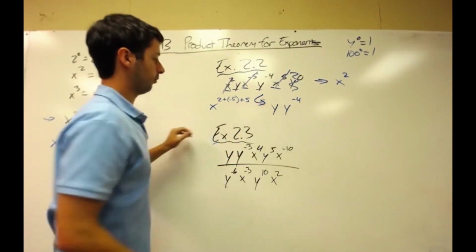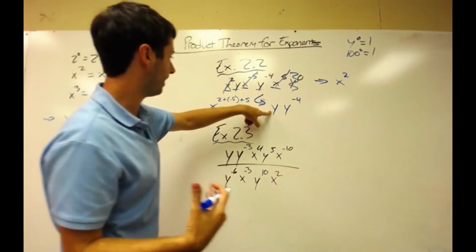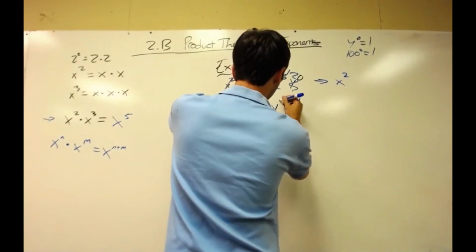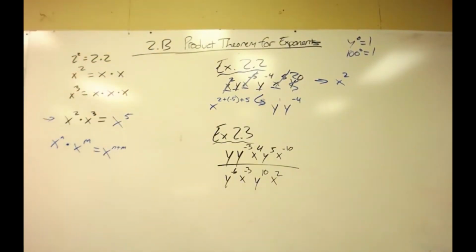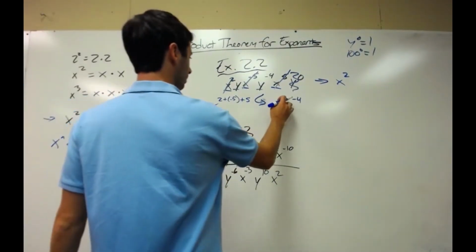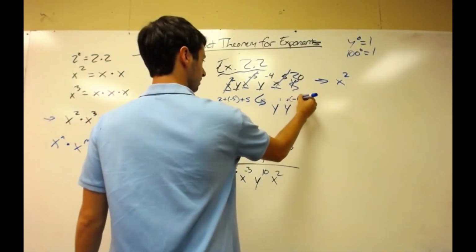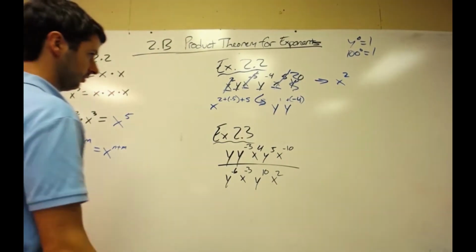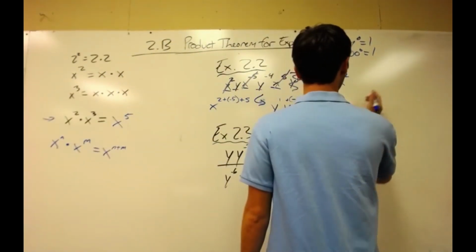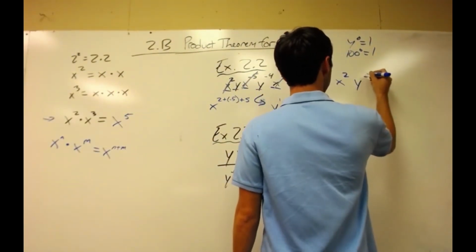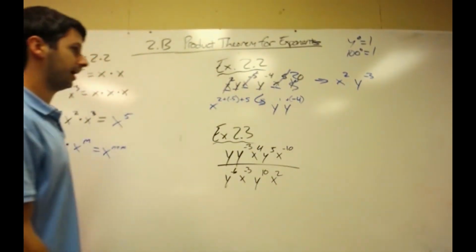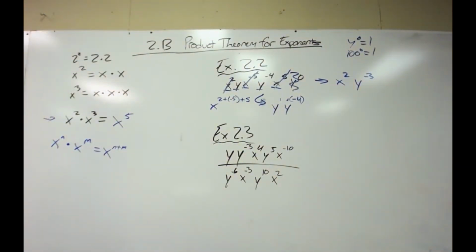If y is on its own, you can imagine saying that it has a power of 1. It's itself. So when you add them together, it'd be 1 plus negative 4 equaling negative 3. So you have x squared y negative cubed as how it is simplified.